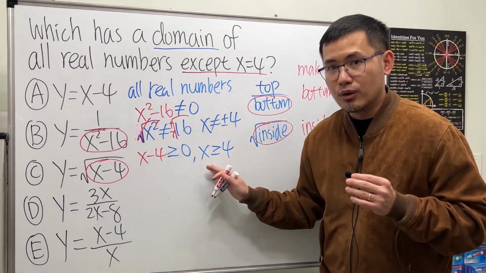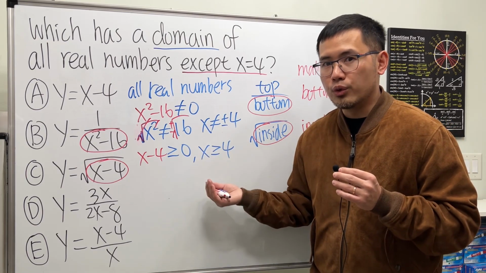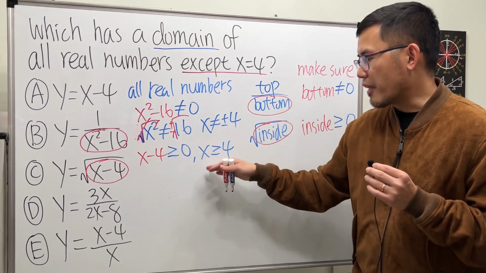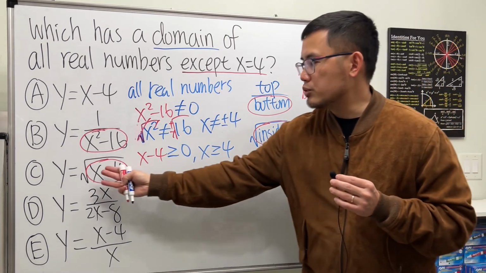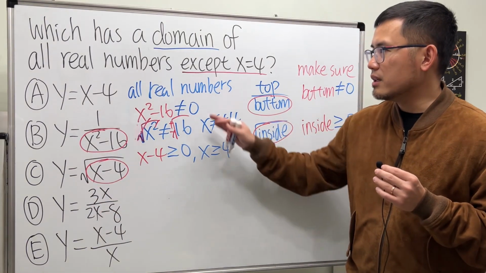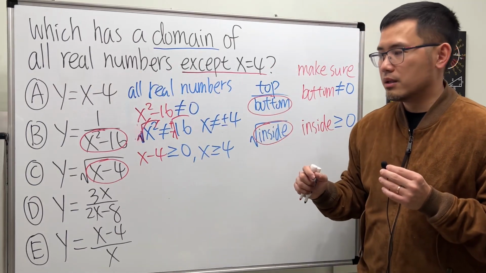But what does this mean though? This means x can be any number greater than or equal to 4. It cannot be negative numbers. It cannot be something less than 4. It cannot be 3, right? It cannot be 2. It cannot be 0. So this right here is also not it. We want all real numbers except for 4.